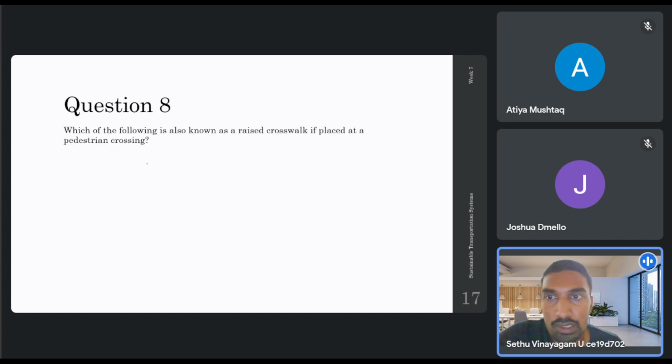Okay, question number 8: which of the following is also known as a raised crosswalk if placed at a pedestrian crossing?